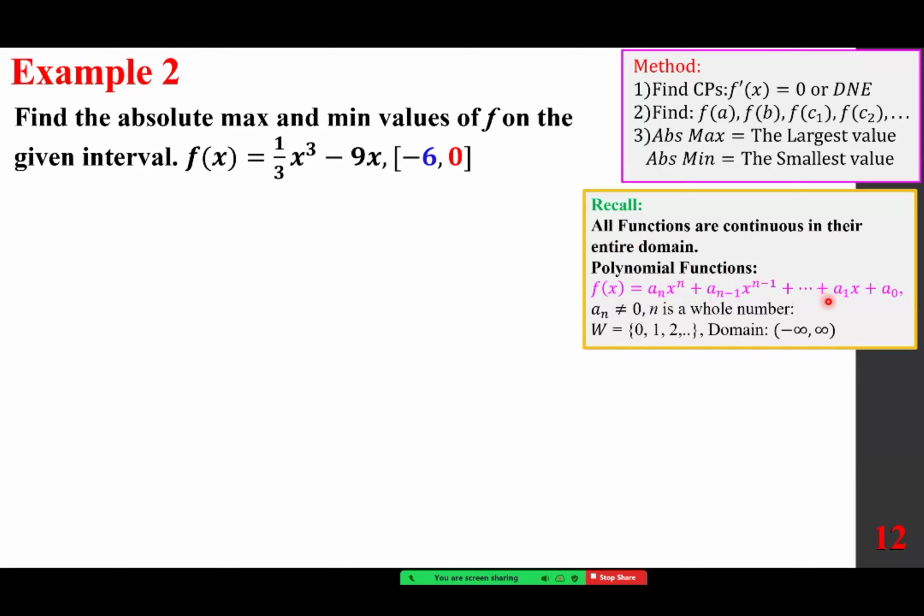So for the extreme value theorem on a closed interval, that's why we want to check this. f is a polynomial of degree 3, which is continuous on the interval of negative to positive infinity. It means all real numbers. And therefore, it's continuous in the given interval. So you're checking the given interval, whether the function is continuous or not there. And that's important.